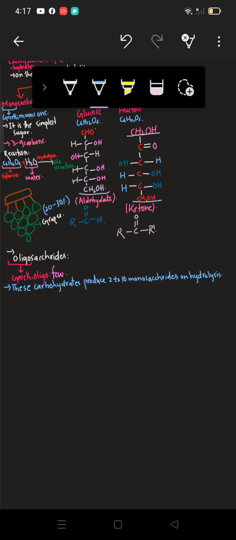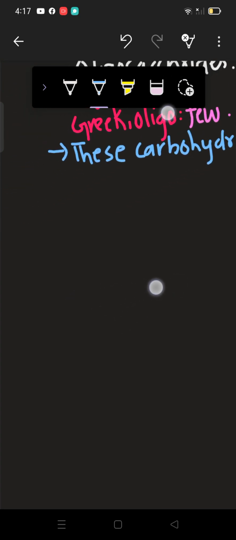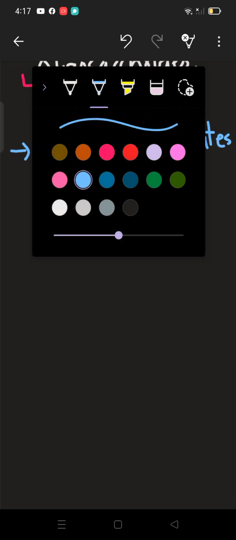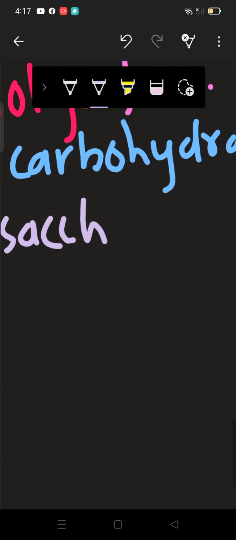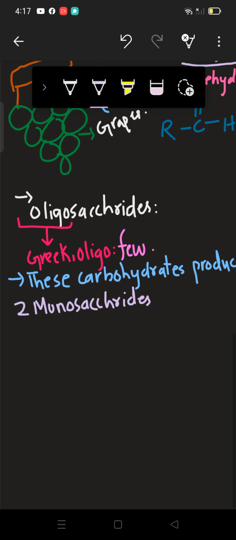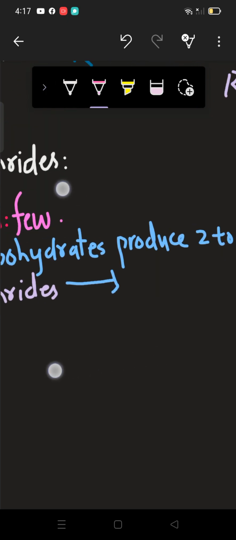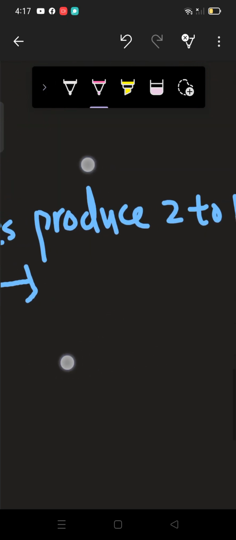And these oligosaccharides, if there would be 2 monosaccharides, let me write this here so that it can be more clear to you. If the oligosaccharide is made up of 2 monosaccharides, that is known as disaccharides.